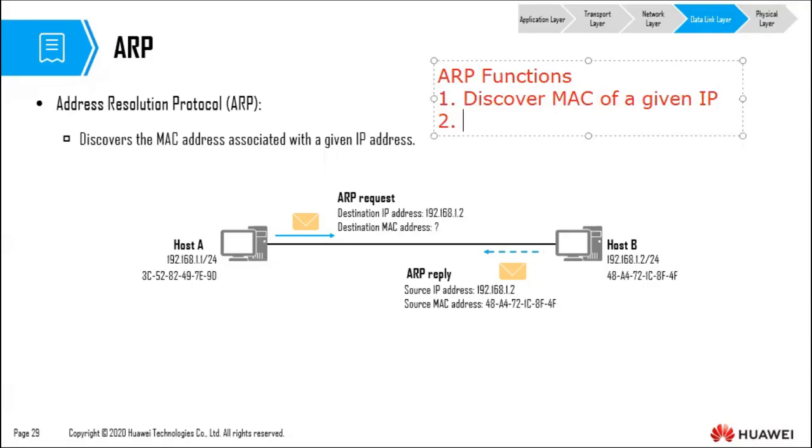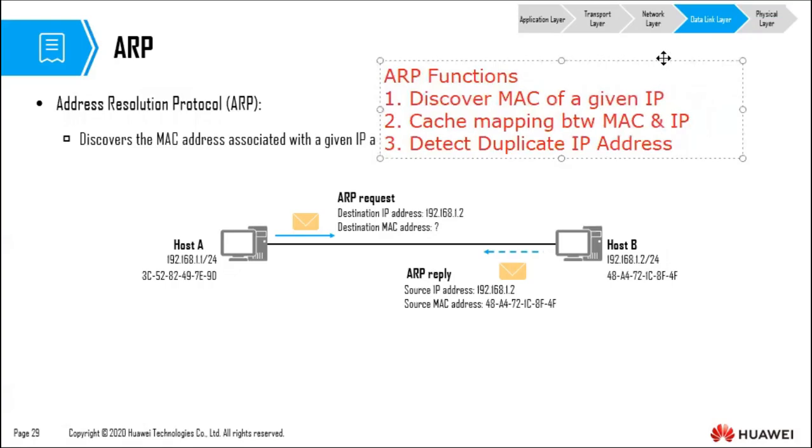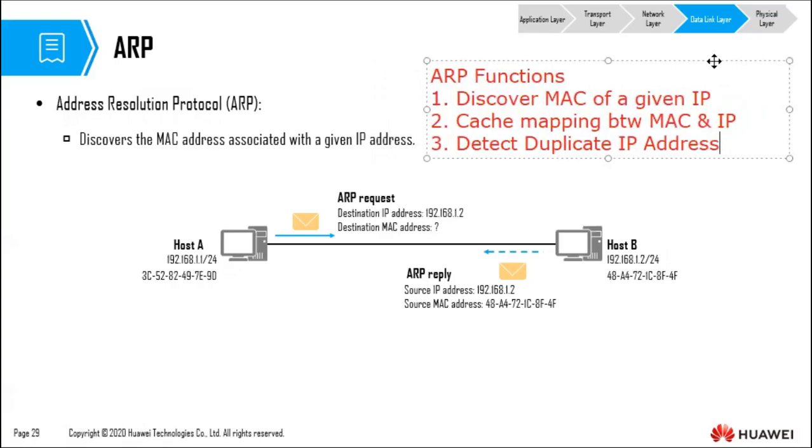Then, cache the mapping between MAC and IPs. Number three, detect duplicate IP address. So these are the three functions of ARP.